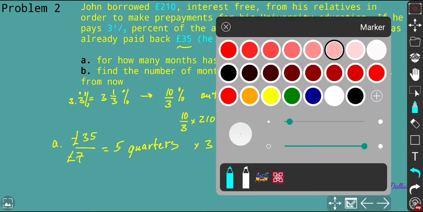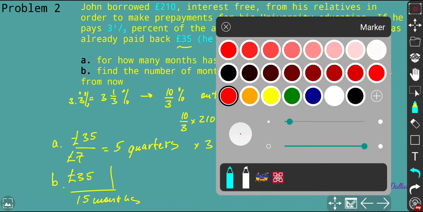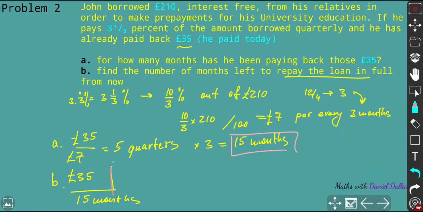Okay, so part B: find the number of months left to repay the loan in full from now. All right, so up to now, that was 15 months before. He repaid 35 pounds, and this moment is now.